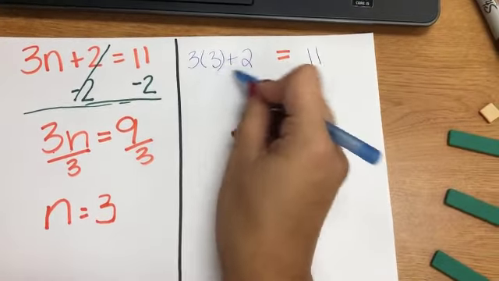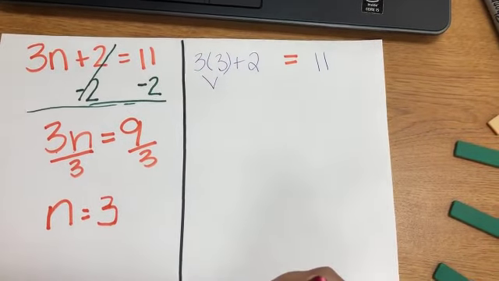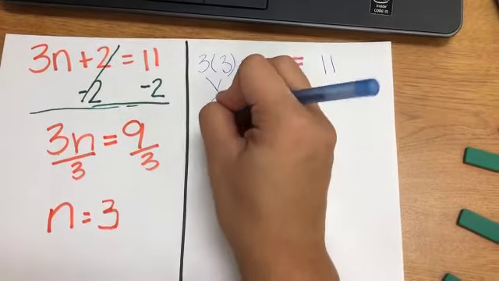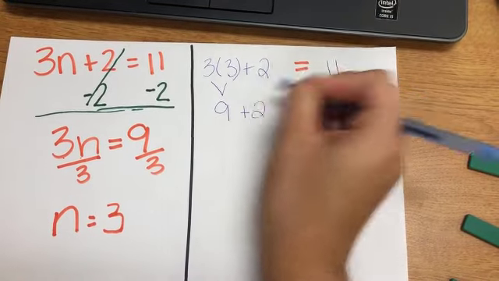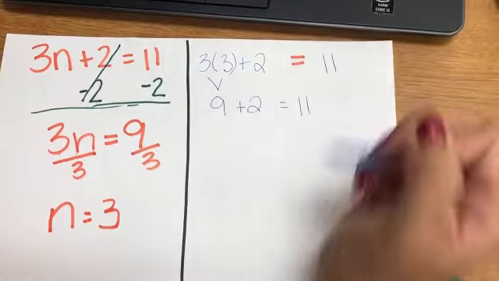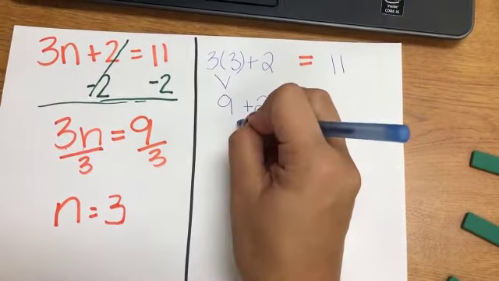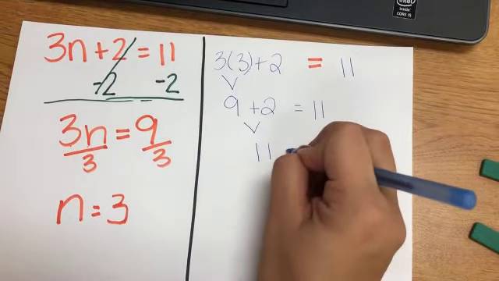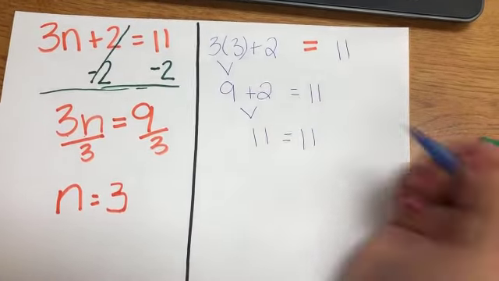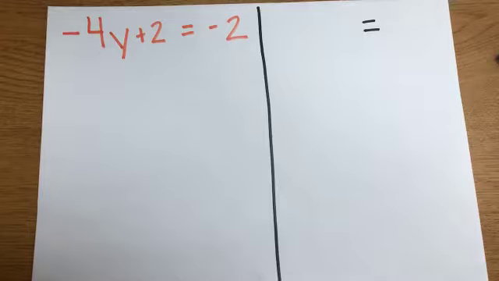Okay, so if I remember my order of operations, I know multiplication is first. 3 times 3 gives me 9. And I'm going to make sure I continue to bring down that 2 because we have not added that yet. And then the last part is to do 9 plus 2, which gives me 11. Is 11 equal to 11? Yes, it is. So we know that that answer is correct.